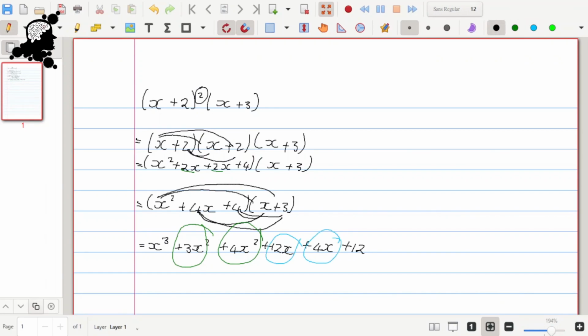So when I deal with these like terms, x cubed remains the way it is. 3x squared plus 4x squared is going to give me 7x squared. 12x plus 4x is just going to give me positive 16x plus our constant. There we have it. We have simplified the expression.